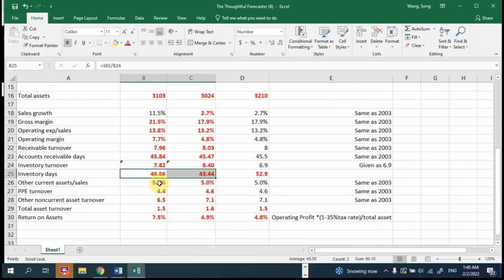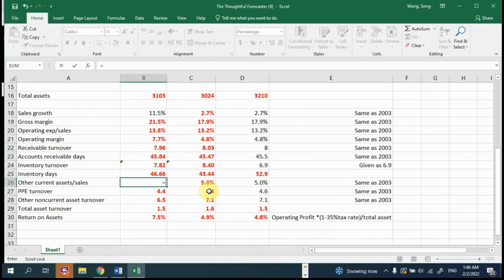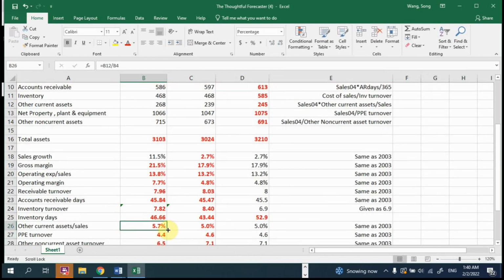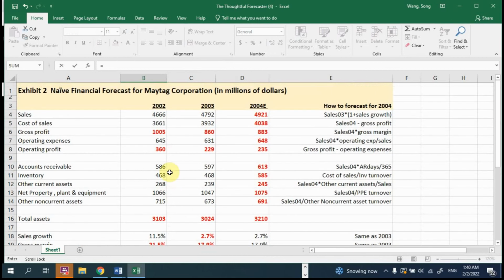All right. And for the other current assets over sales ratio, we use other current assets, where current is basically for short term, divided by total sales. Okay, and for PPE turnover, this is a tricky one, we're going to use sales divided by property, plant, and equipment.